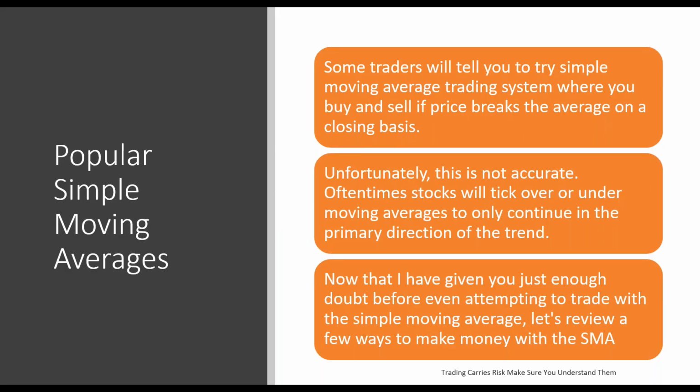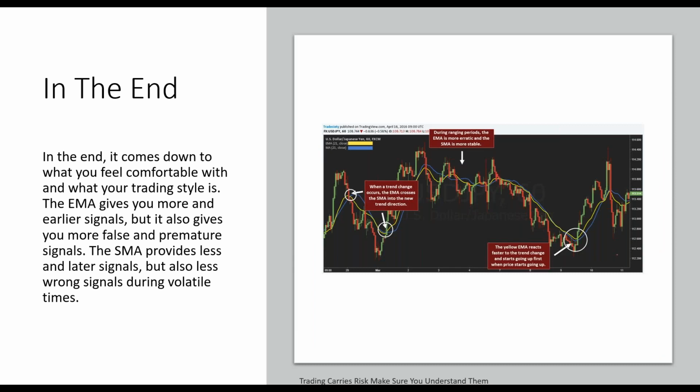Now, some traders will try to tell you about simple moving average trading systems where you buy and sell if price breaks the average on a closing basis. Unfortunately, this is not accurate. Oftentimes, a stock will tick over or under moving averages only to continue in the primary direction of the trend. But now that I've given you just enough doubt before ever attempting to trade with a simple moving average, let's view a few ways that we could use an SMA.